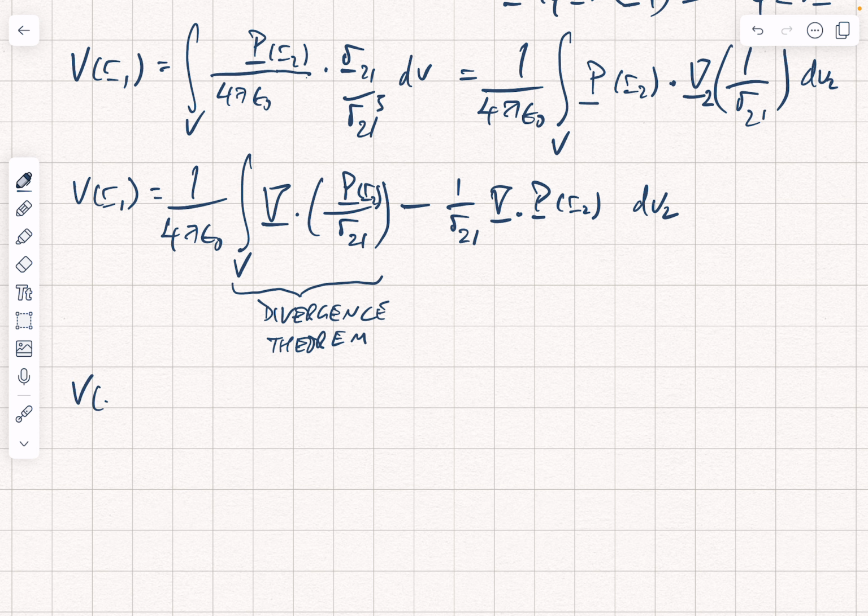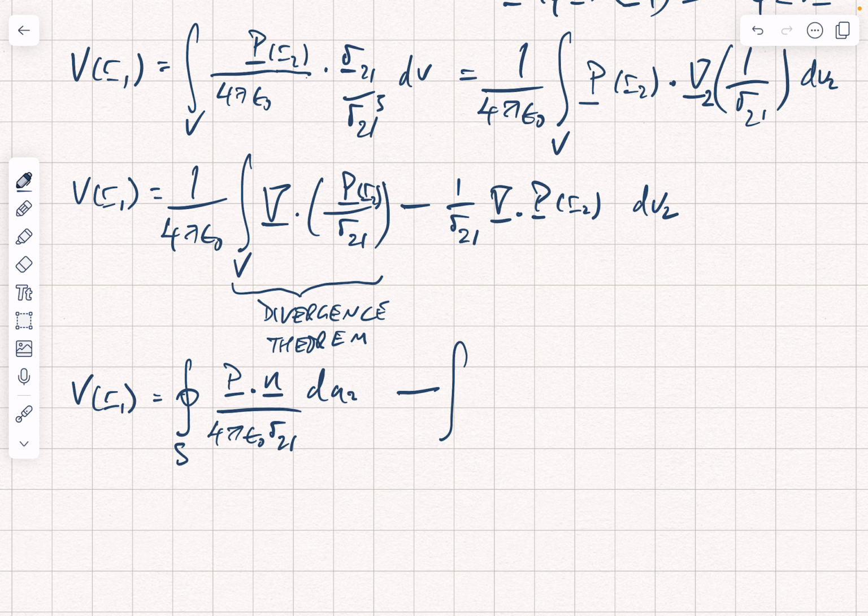So we find V of R1 is, let's bring the 4 pi epsilon naught back inside now, a closed surface integral of P dotted with N dA2 divided by 4 pi epsilon naught R21, minus the volume integral of the divergence of P dv2 divided by 4 pi epsilon naught R21.